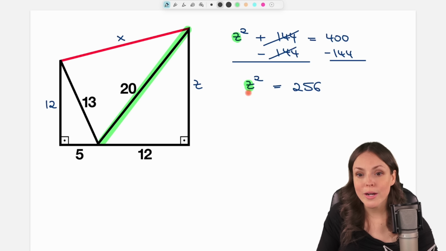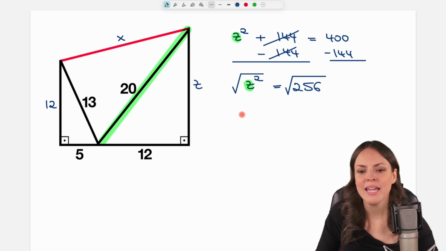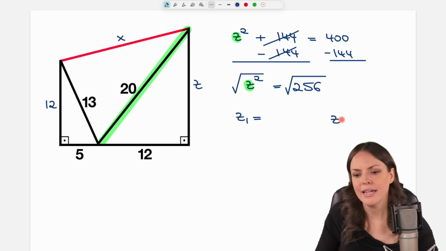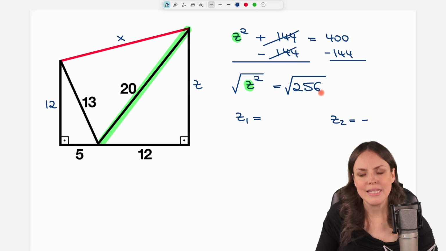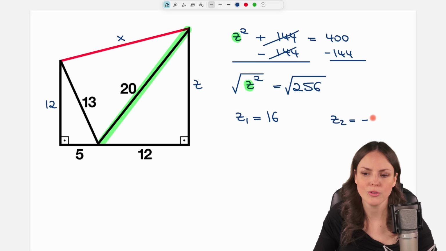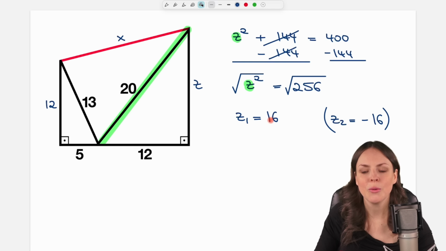We take the square root again to get rid of the square on both sides. We know, okay, I get two solutions, a positive one and a negative one. The square root of 256 is 16, and here also the negative 16, but we know we won't use this. We just take the 16 here.